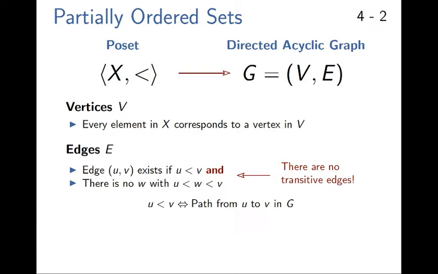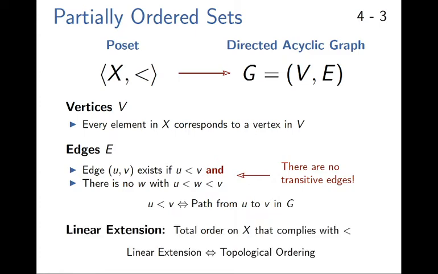So to make this more formal, what you do is you only put an edge from U to V if, of course, U precedes V in the partial order, but there is no W in between. This implies then that you get this property of having a path from U to V, and that you don't have transitive edges. Another very important term is the so-called linear extension.